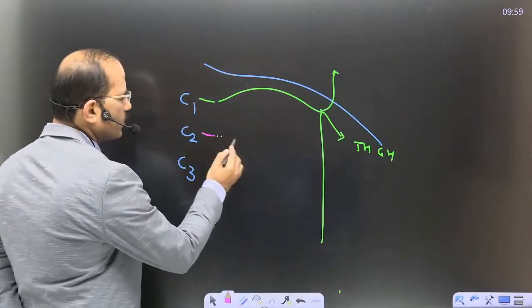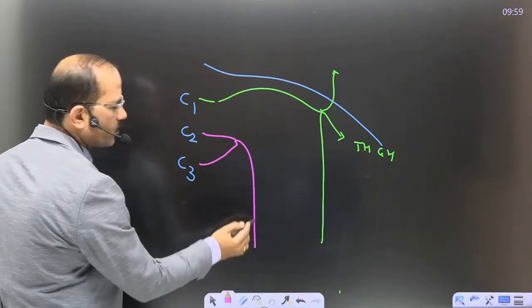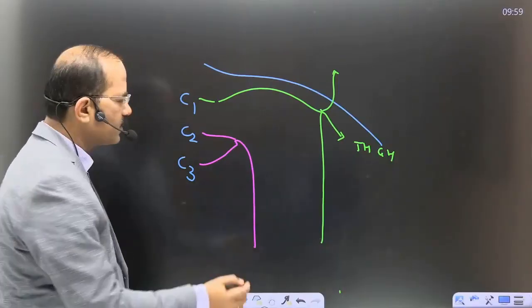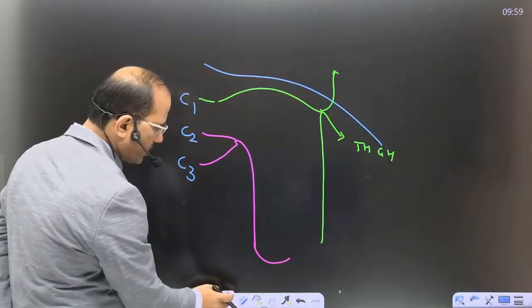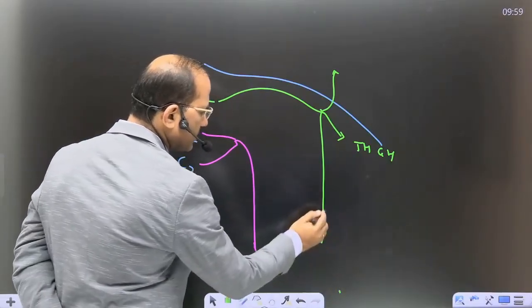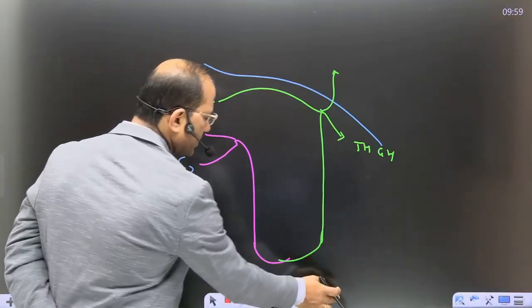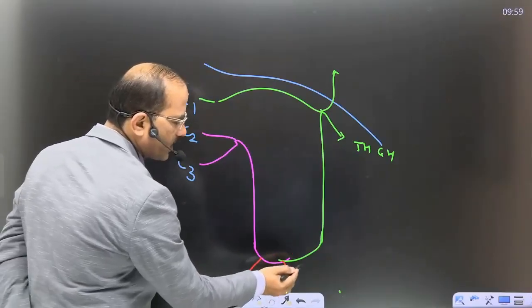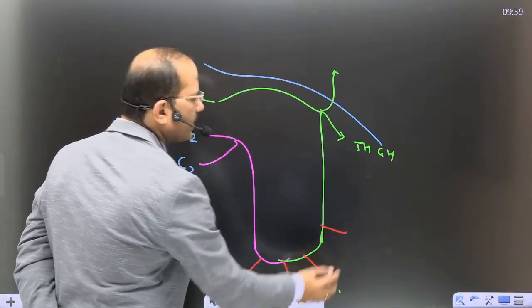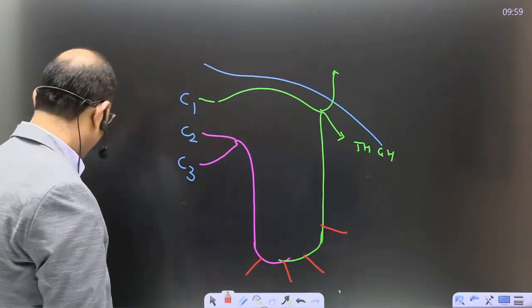C2, C3 joins together to form the inferior root of ansa cervicalis or descending cervicalis. The inferior root joins with the superior root, and that's the ansa cervicalis. And what are the branches from this ansa cervicalis? That's the nerve to sternohyoid, sternothyroid, the inferior belly, and the superior belly of omohyoid. Clear to all of you?